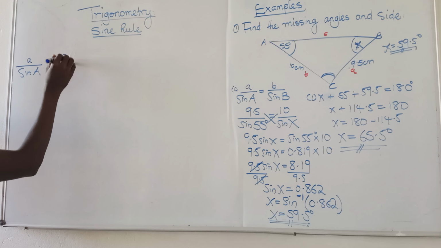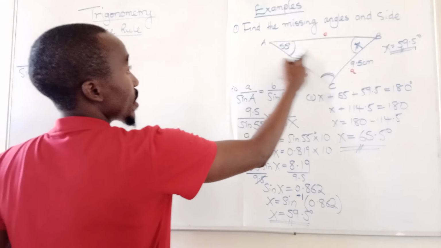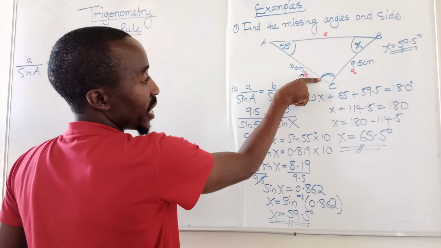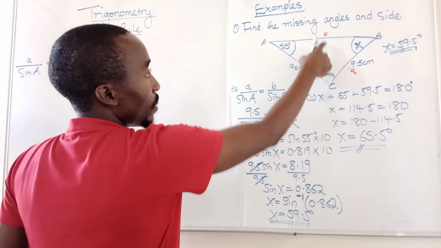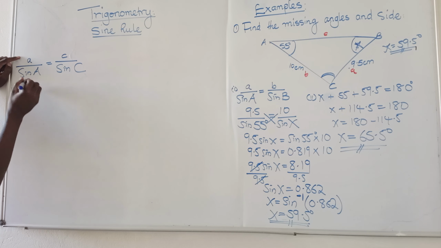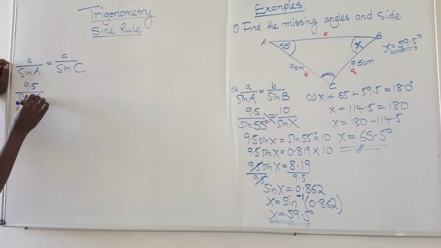This A is complete, but this is not complete. We just know the angle here, but the side we don't know. So our A is 9.5 over sine A, which is 55.